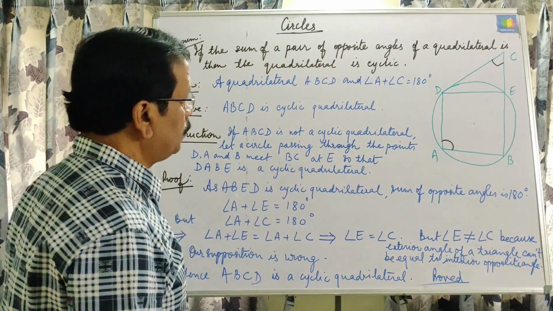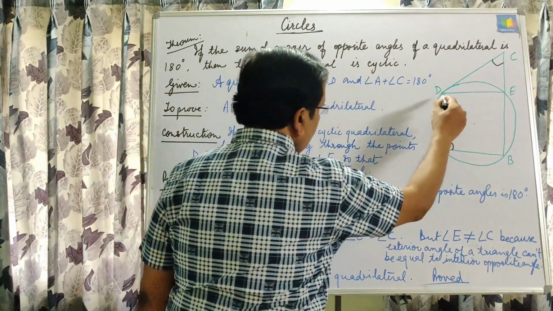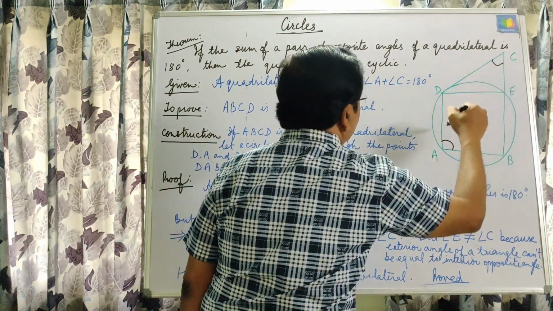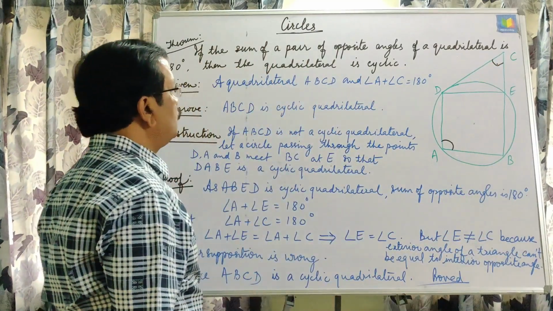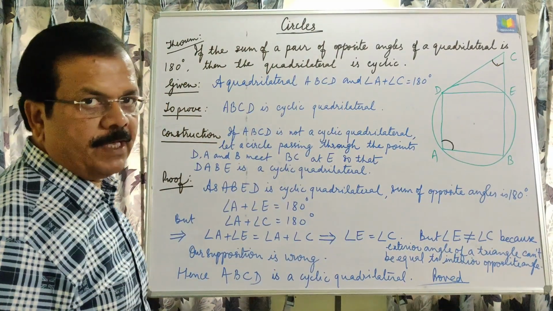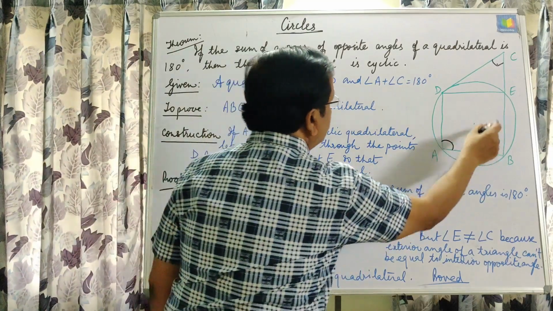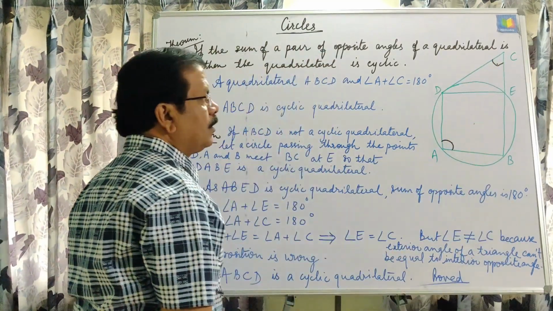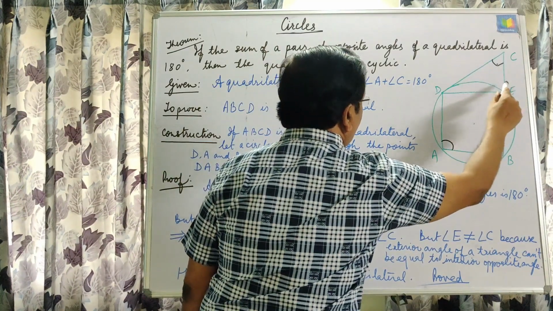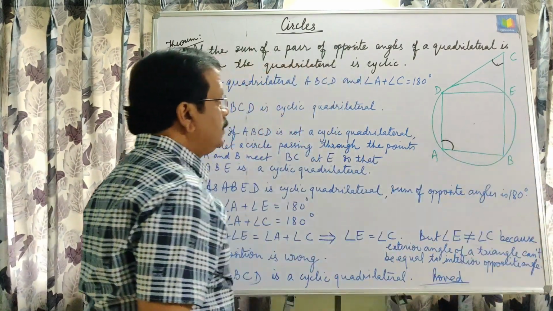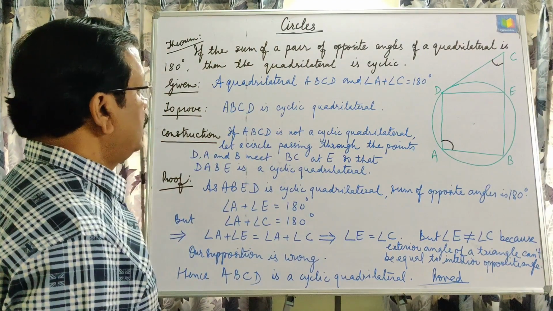This is what we have to prove. We are given simply this quadrilateral, and we are given this angle plus this angle is equal to 180 degrees, and we have to prove that ABCD will be a cyclic quadrilateral, meaning this point C is also lying on the circumference of the circle.